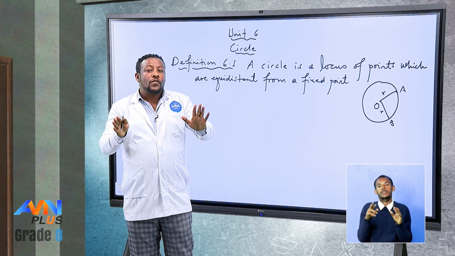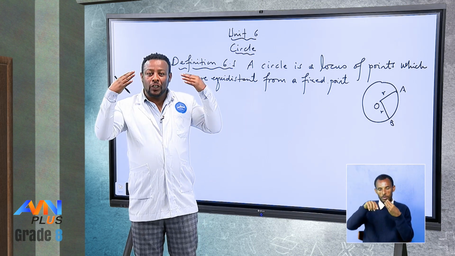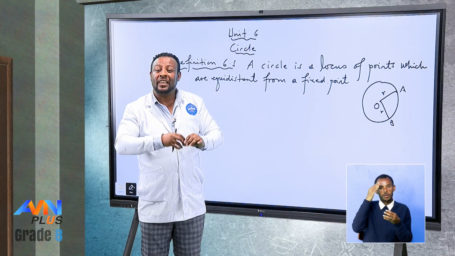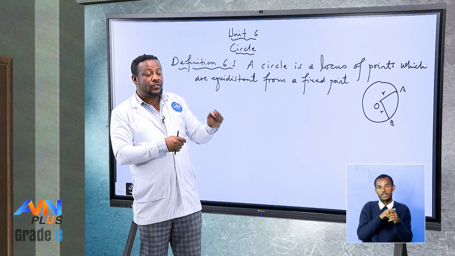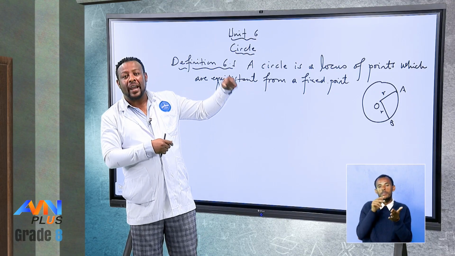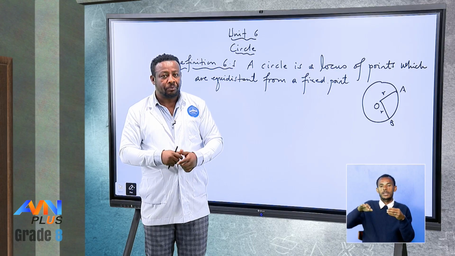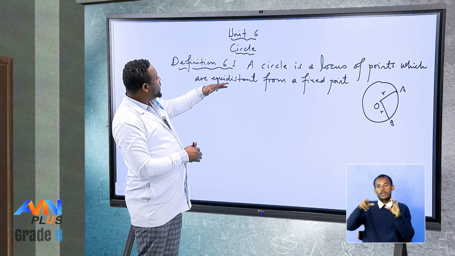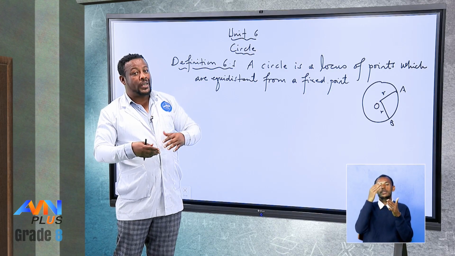So don't forget, whenever we discuss a circle, keep in mind that there is a center, which is the fixed point, and the distance between the center and a point on the circle is the radius. Now let's see some other terminologies associated with a circle.